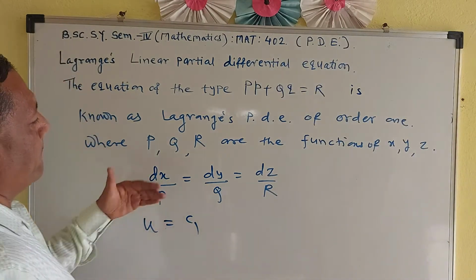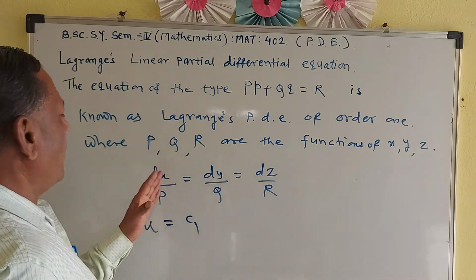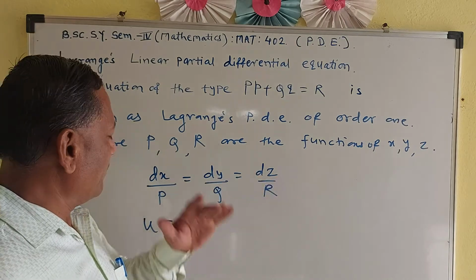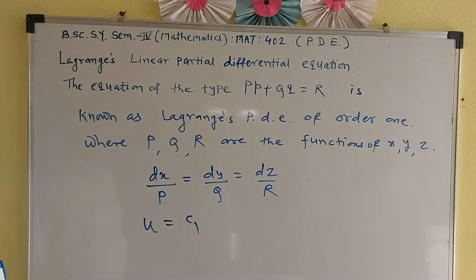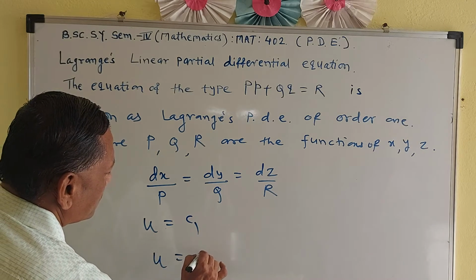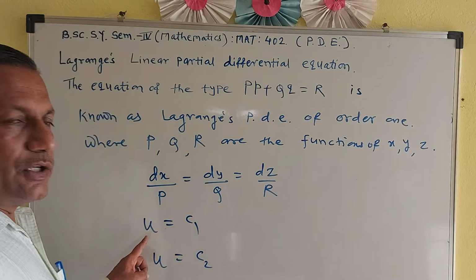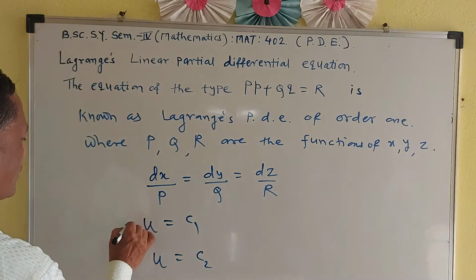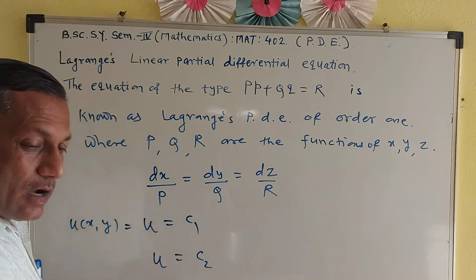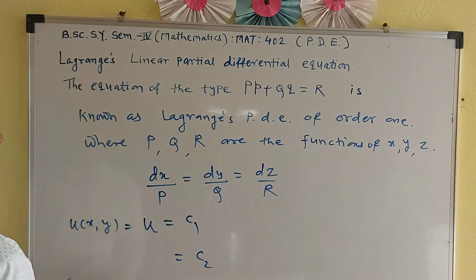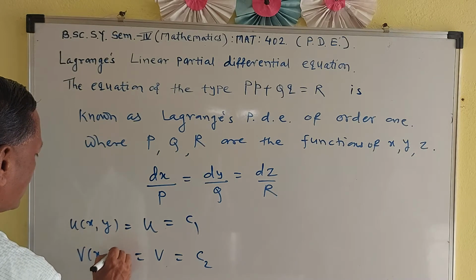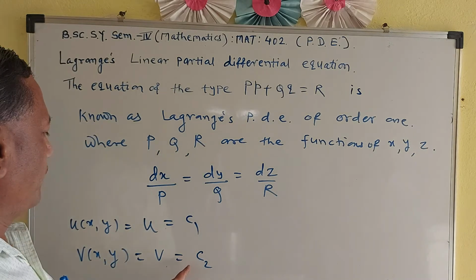And from first and third member or from second and third member you find another part of the solution, and you say that is u is equal to c2. You can write u of xy is equal to c1, or you take another part, another solution v of xy is equal to c2.